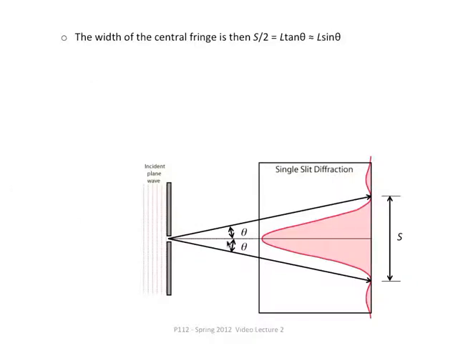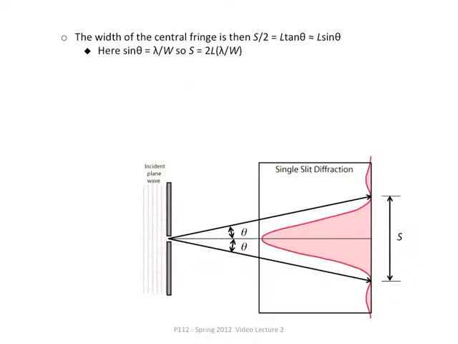Unless we have this screen very, very close, these angles are going to be very, very small. So for any reasonable screen distances, we can make this approximation that tan theta is approximately equal to sine theta. And that helps us because we can also define sine theta as lambda divided by w.